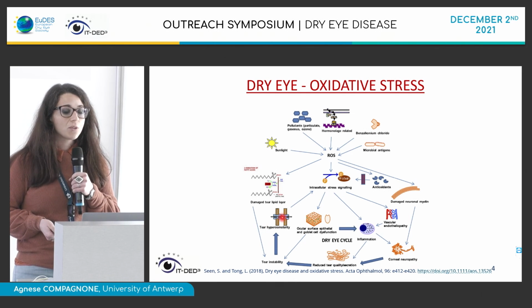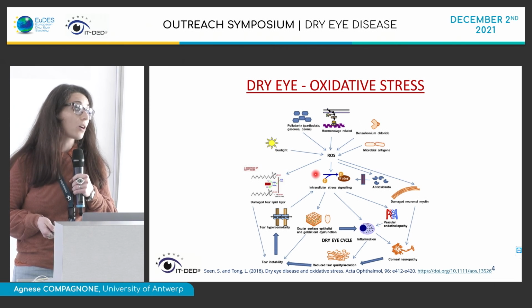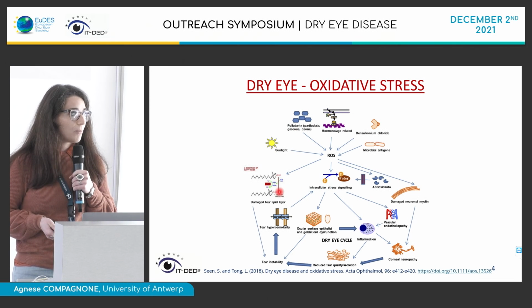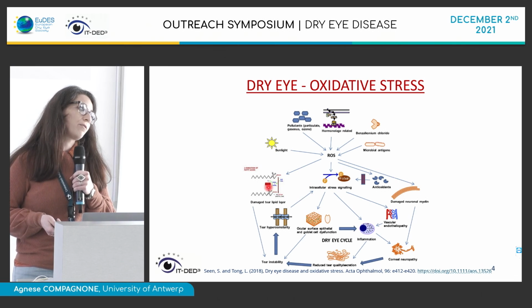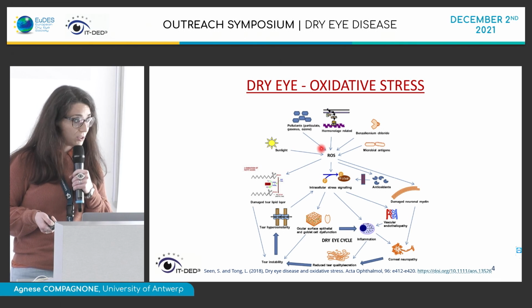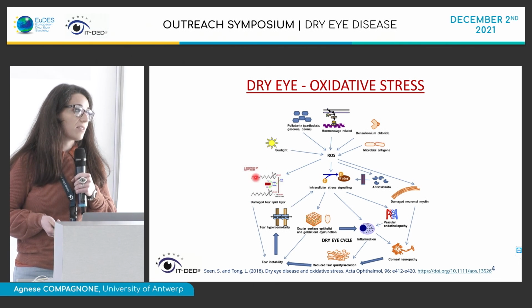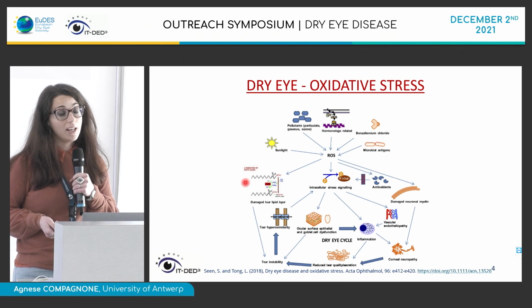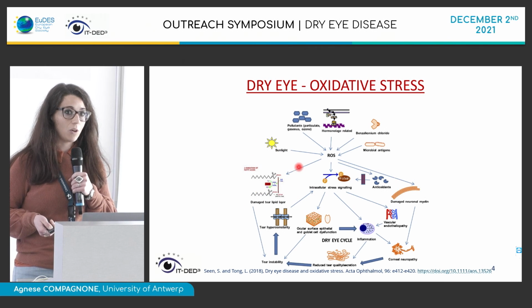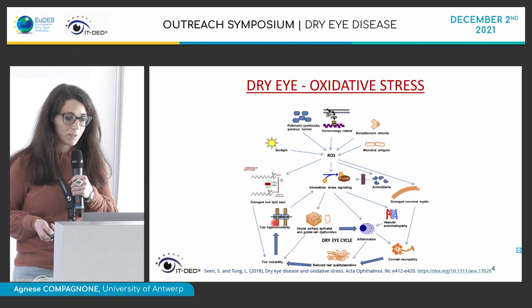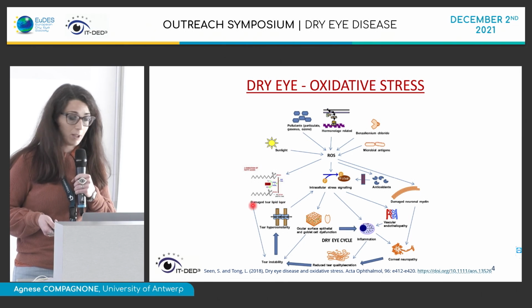But we also know that there are a lot of risk factors in the environment that are related to oxidative stress and to the production of radical oxygens, and also that there is the tear lipid layer on the external part of the tear film.